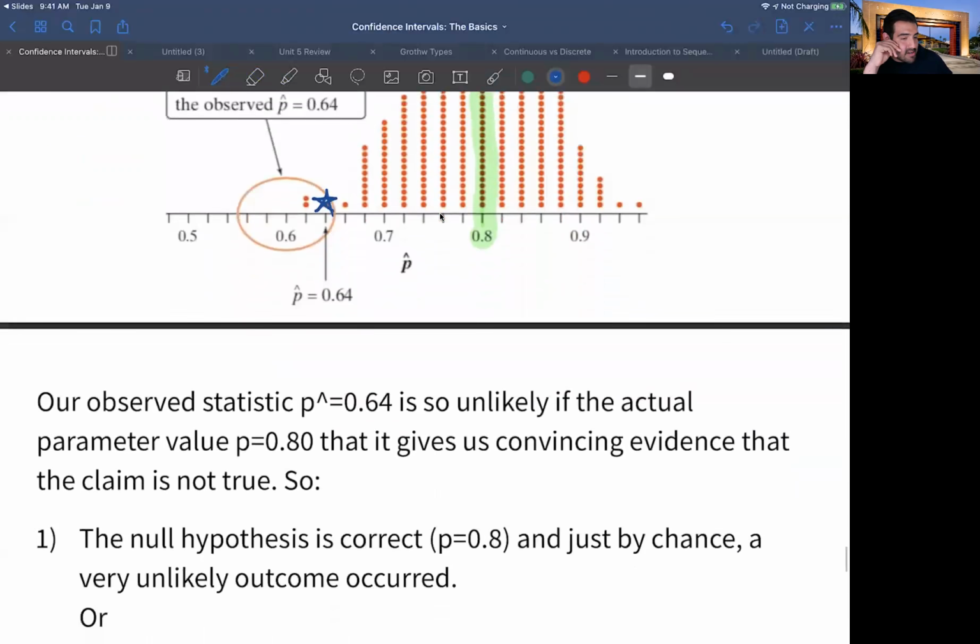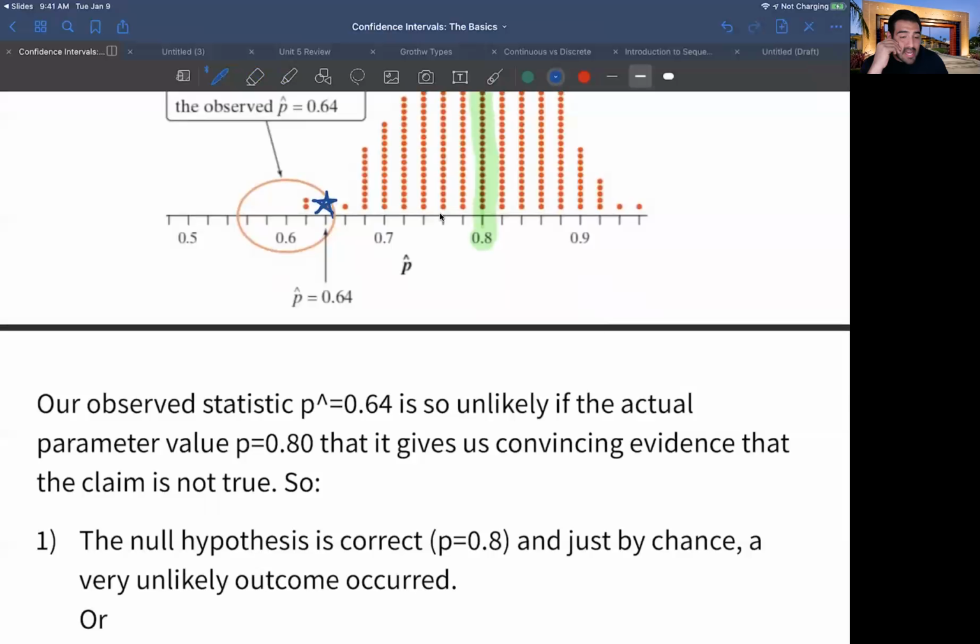The first scenario is, well, maybe he actually does have a free throw of 80%. Maybe he actually has that true claim. And just by chance, what we saw was just so unlikely. Maybe there was a fluke, maybe there was an error, but it could still happen. It's not impossible. There's just a very small probability of it actually happening, what we got, but we saw it.